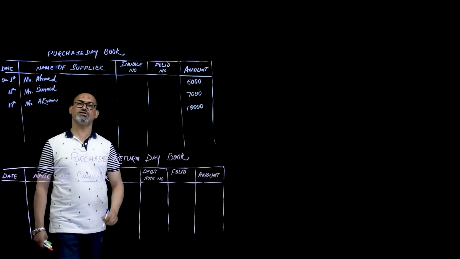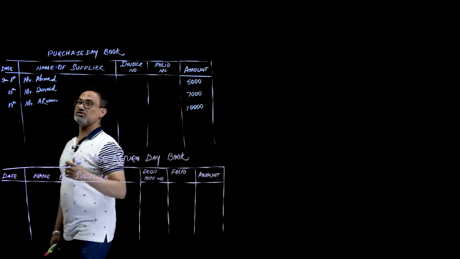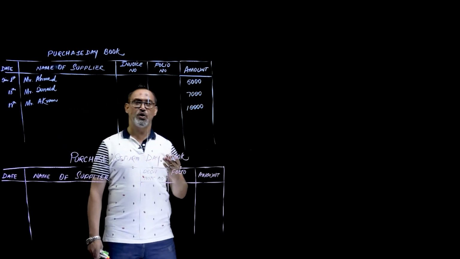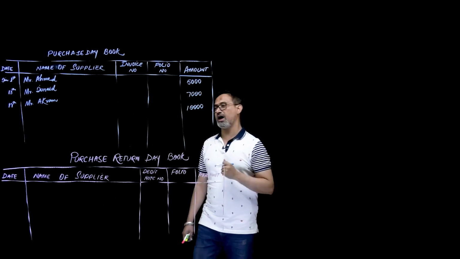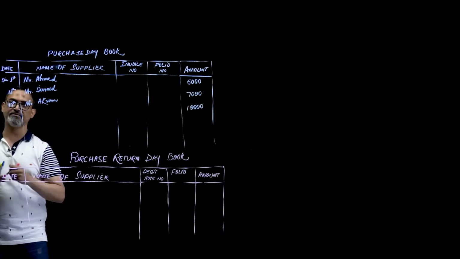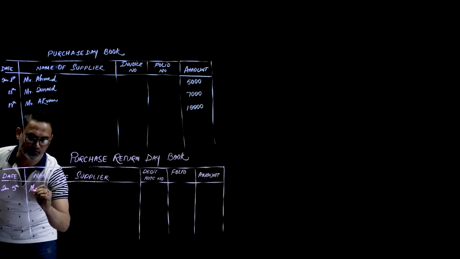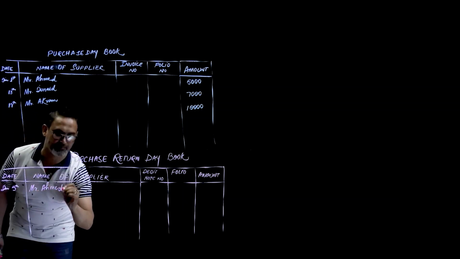But when we purchased goods from Mr. Ahmed for $5,000, Mr. Ahmed sent us some defective goods, which we returned to Mr. Ahmed on the 5th of January, and we have to write only the supplier name and the amount.